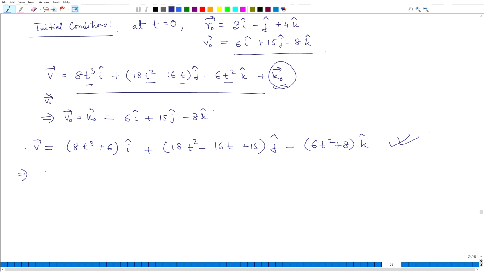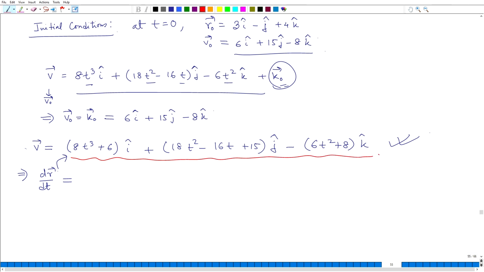Now, if I know that, I can go one step further. I can simply write this is equal to dr dt. Okay. And if this is equal to dr dt, I can again use the same formula: dr dt is a function of t. So, r can be simply obtained by doing a time integration over the right hand side. Okay. So, I just write this once again. So, this is equal to the whole expression here.